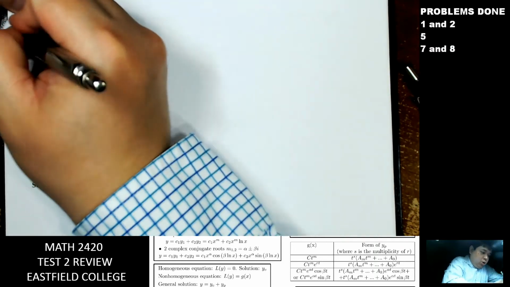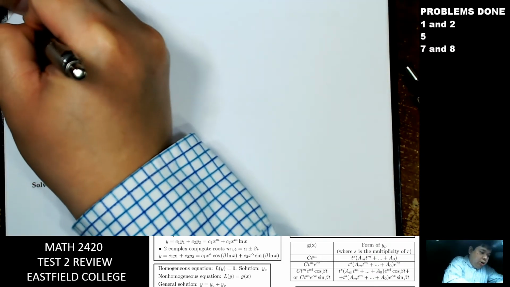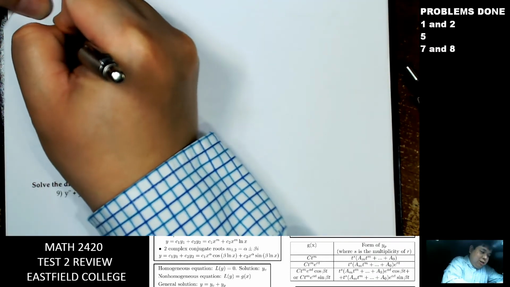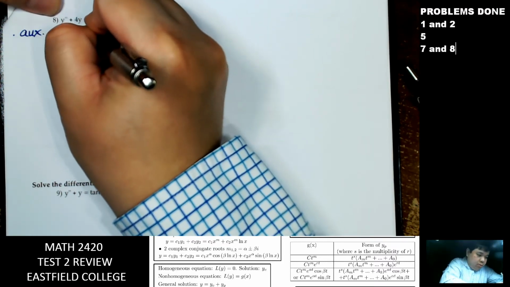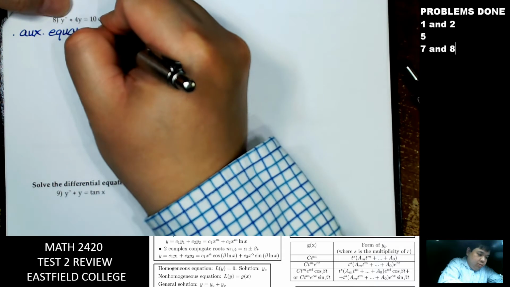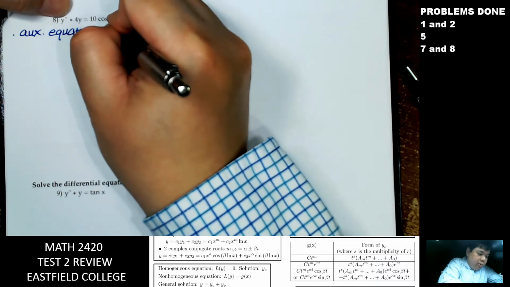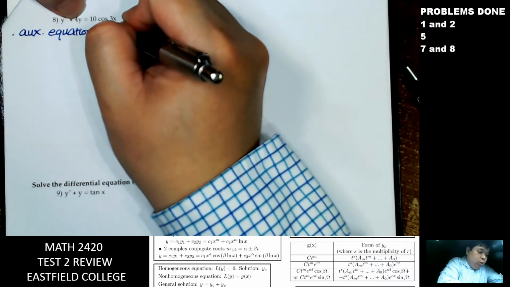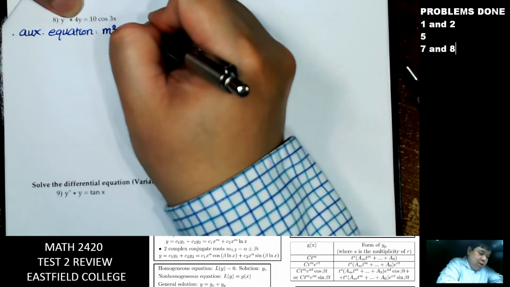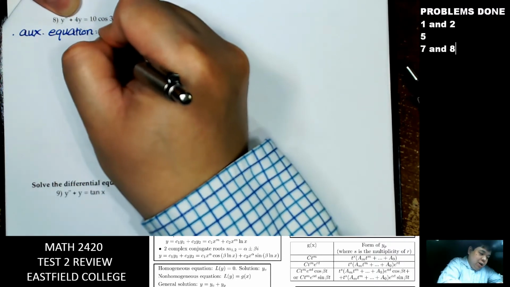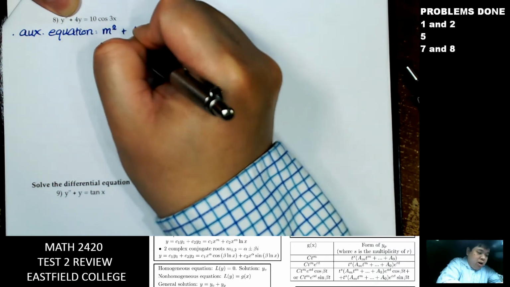Right. So first, the auxiliary equation. Second derivative, second power, no derivative, no power. So the solutions are plus or minus 2i.